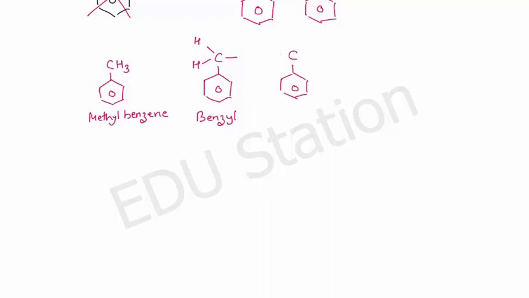If you have a carbon attached to one hydrogen, and to any other groups but not hydrogen, we'll be using the word benzyl. And finally, if the benzylic carbon has no hydrogen attached to it, we'll use the word benzo. So we have benzyl, benzyl, benzo.